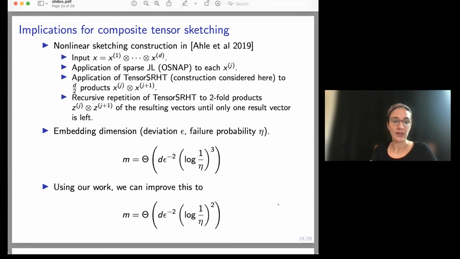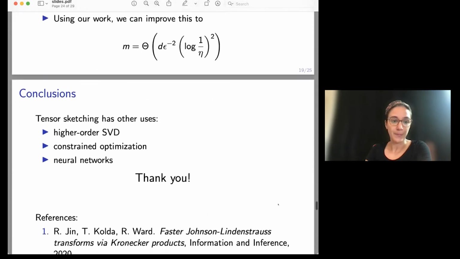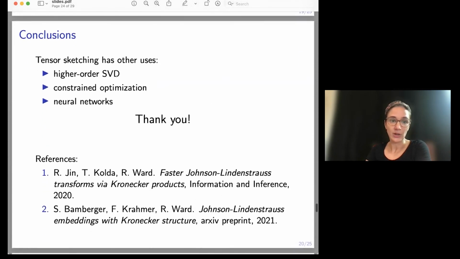So there are many other possible applications of these Johnson-Lindenstrauss properties for these tensor structured sketches. Some possible applications might be in neural networks, where tensors appear a lot and compression is important. Constrained optimization, where we consider more difficult optimization problems with these tensor structured sketches than just least squares problems.